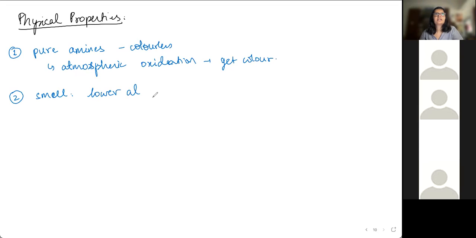They have a very ammonia type of smell. Have you guys smelled ammonia by any chance? Yes, ma'am, the nose burns when you smell amine. Yes, it does. The lower aliphatic amines are all gases with an ammonia-like smell.